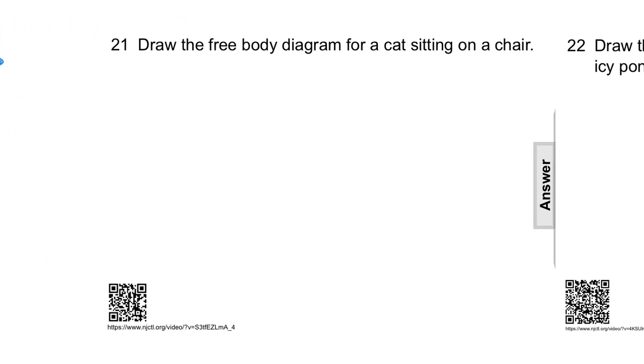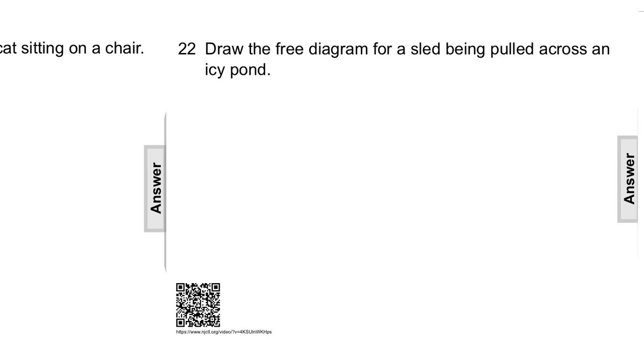Okay, these are easy. A cat sitting on a chair. So there's the cat. He has a weight pointing down and an equal normal force pointing up. Sled pulling across an icy pond. Okay, so here's the sled. Let's make it easy by just making the force horizontal, but it could be slanted. We won't do those yet. So there's my force of push, or my applied force.